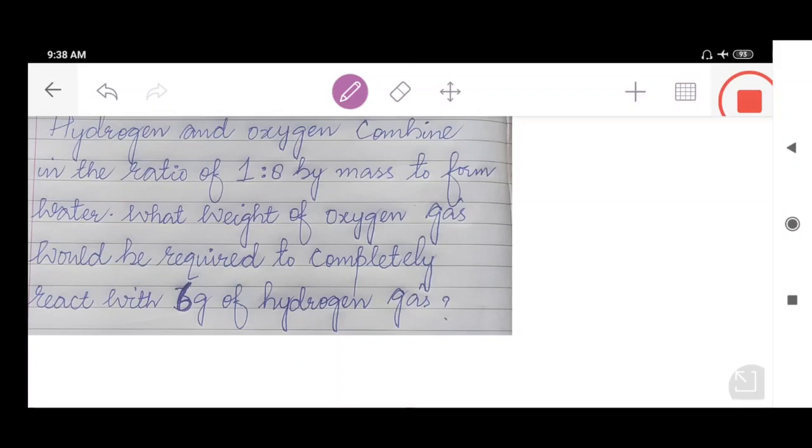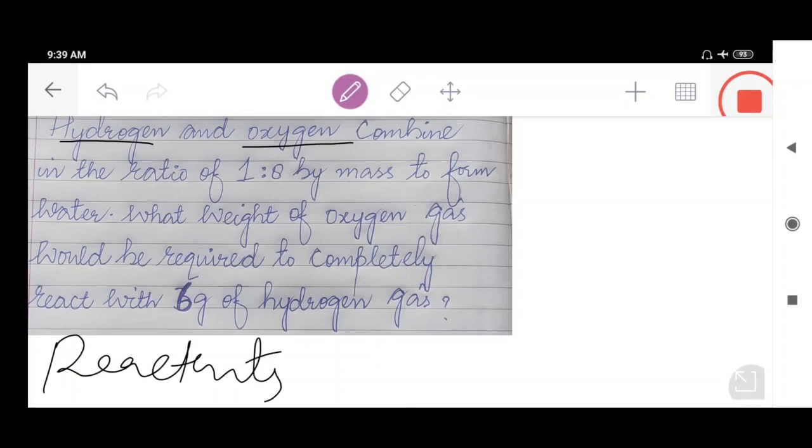We have a numerical: hydrogen and oxygen combine. Whenever I talk about hydrogen and oxygen, that means they are reactants, because starting materials are called reactants. They combine in the ratio of 1:8. The ratio here is 1:8.